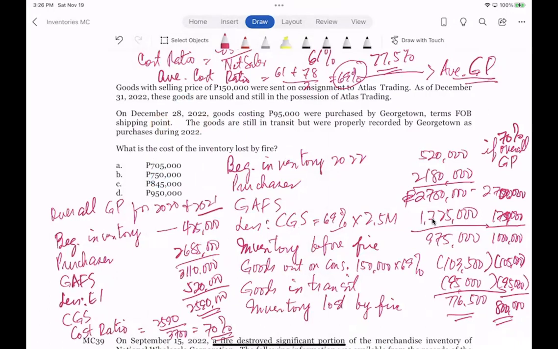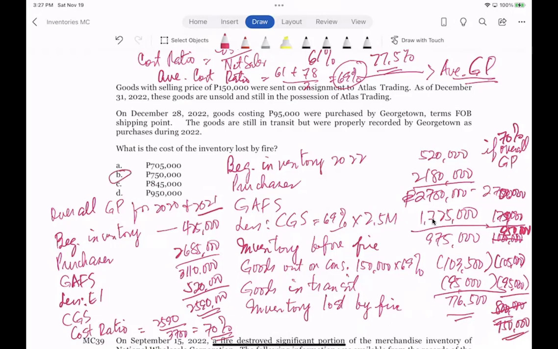So this is 950. Okay, 950 minus 105 minus 95. That is 750,000. Okay, so answer is letter B.